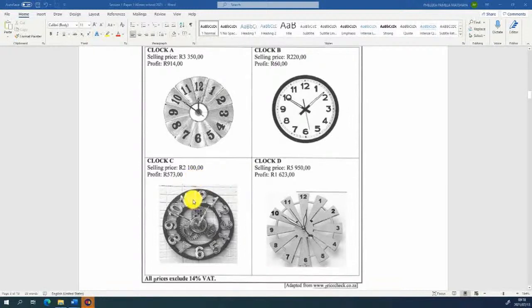Clock C, 2,100 rand was the selling price, and the profit made was 573 rand. Clock D, selling price was 5,950 rand, and the profit made on that selling price of 5,950 rand is 1,623 rand.